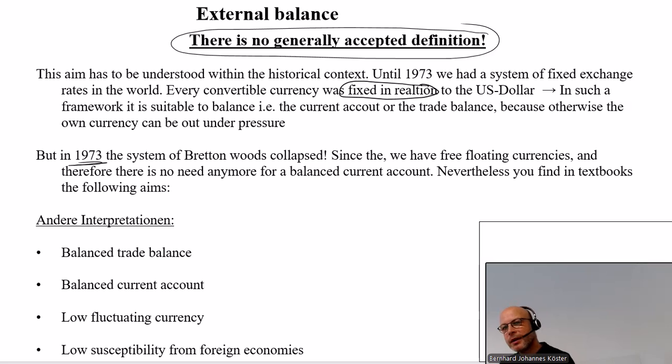If both are fixed in relation to the US dollar, then they are also fixed to each other, because you have 2:1 between the German mark and the British pound.